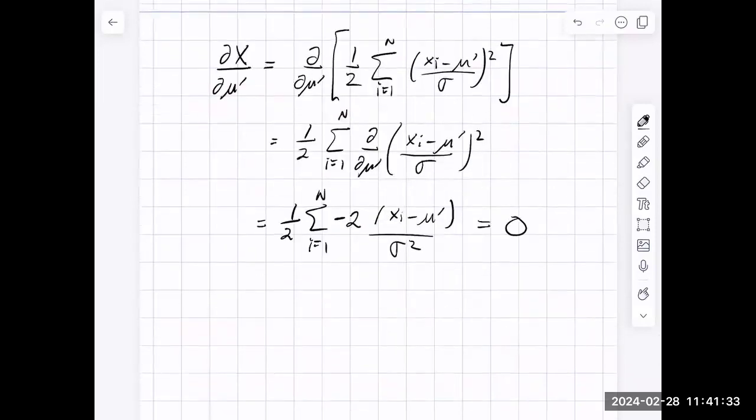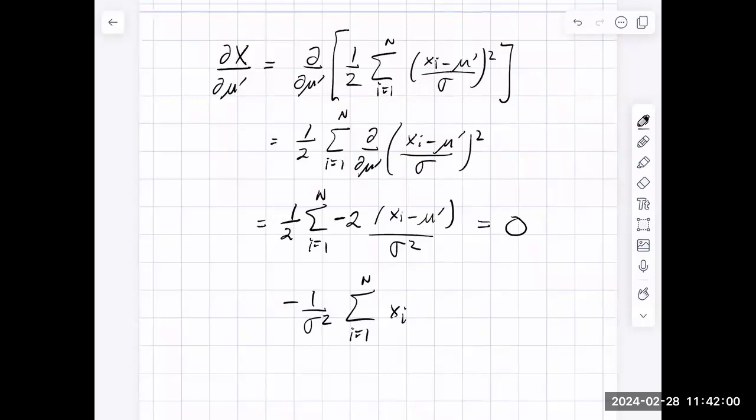Okay, so distributing the sum, we'll cancel the two. We would have the sum of minus xi over sigma squared. So we'd have a minus 1 over sigma squared, the sum i equals 1 to n of xi. And then we would get a minus and a minus, it's going to be a plus.